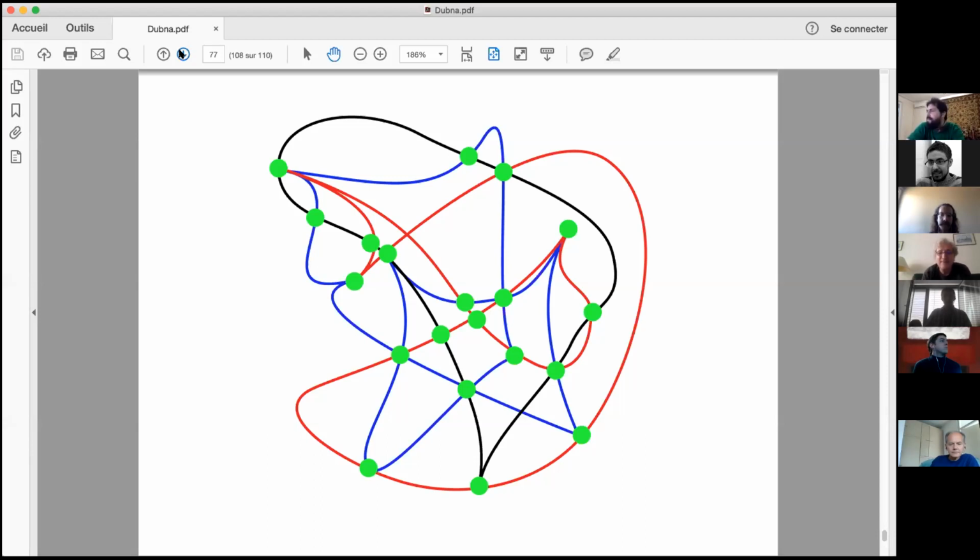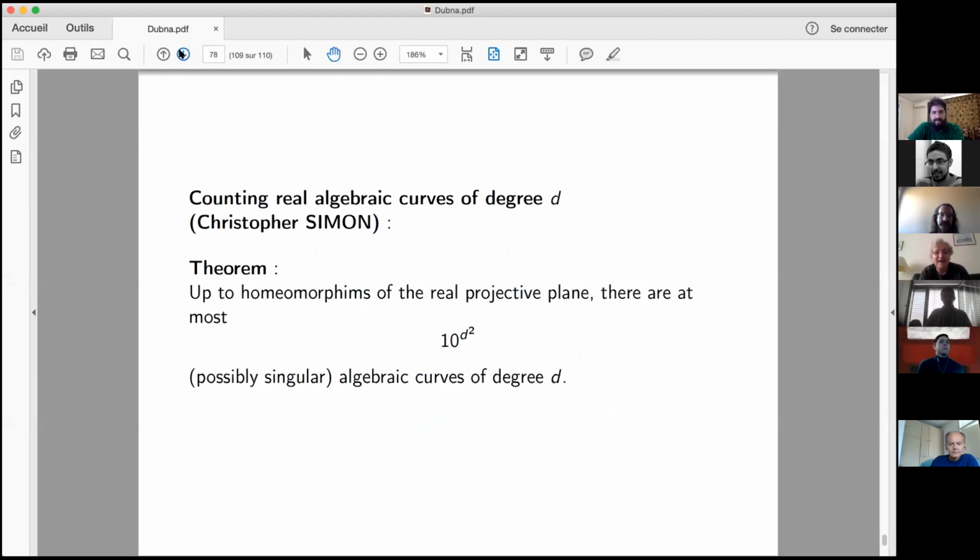And here's an example of a theorem that Christopher got. I like it very much. If you give me the degree of a curve, let's say D, and you ask me how many topological types of algebraic curves of degree D are possible, not only smooth, but any singular curves, counted up to homeomorphism of the real projective plane, then this is an upper bound of the total number of possibilities of algebraic curves.